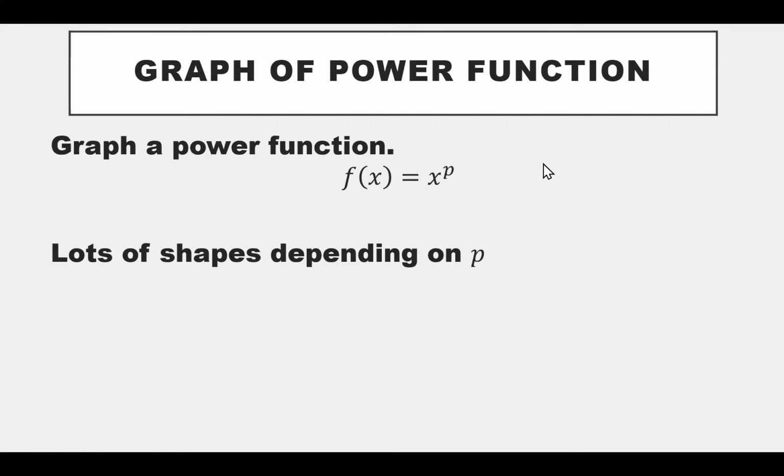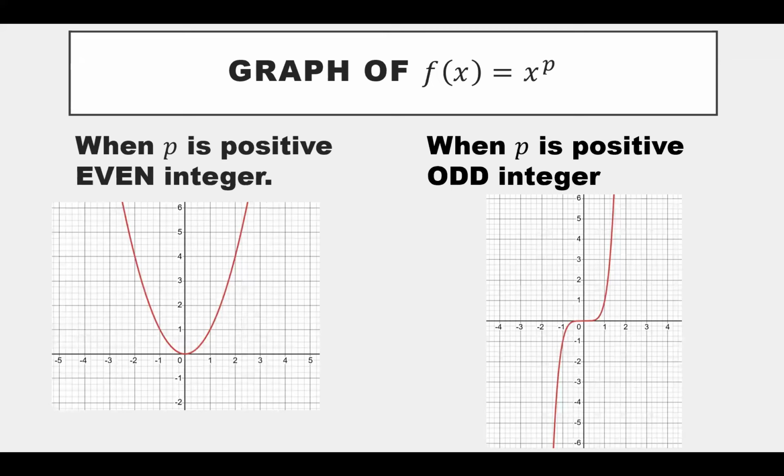So we see we get lots of shapes depending on powers of p, but there's just a couple of shapes when p is a positive integer. If p is a positive even integer, then we get the parabola looking shape where both sides, both the left and the right side, are pointing upwards. Again, that's with positive coefficient here of 1.